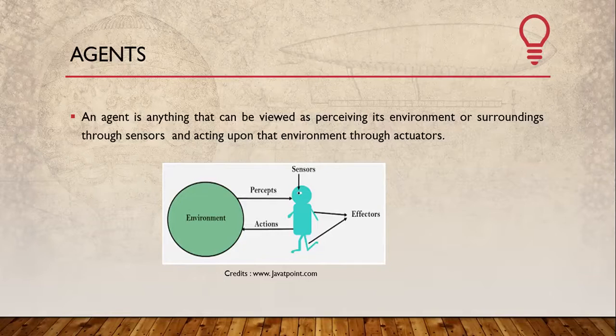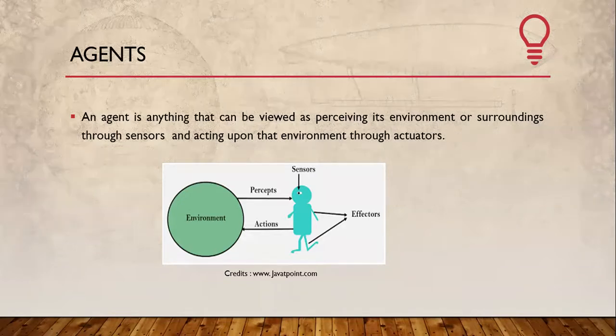So what we see over here is that the percepts are received from the environment, and the agent takes the percepts, making use of the sensors. Percepts and sensors basically combine to form the input for the agent.